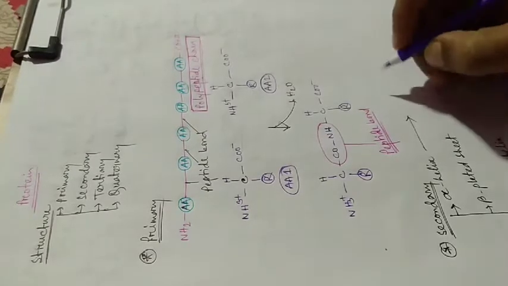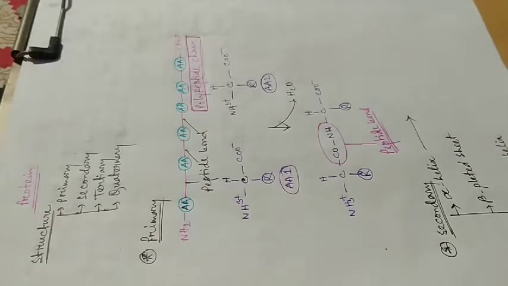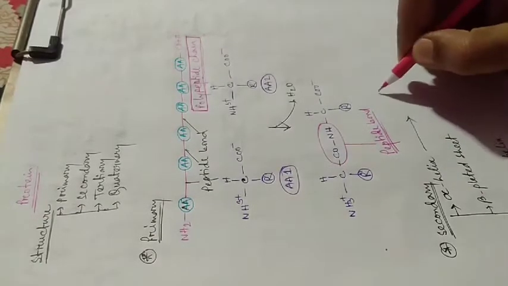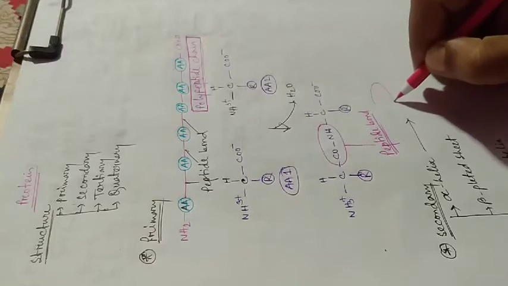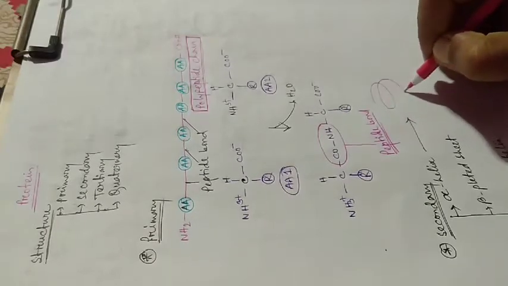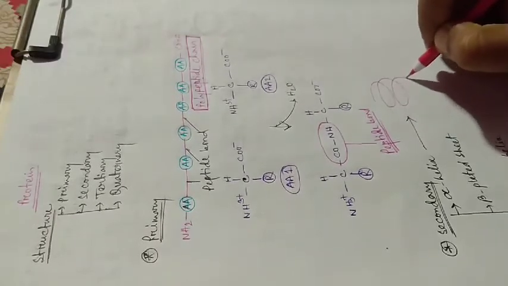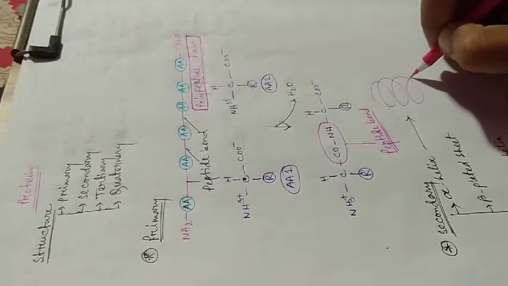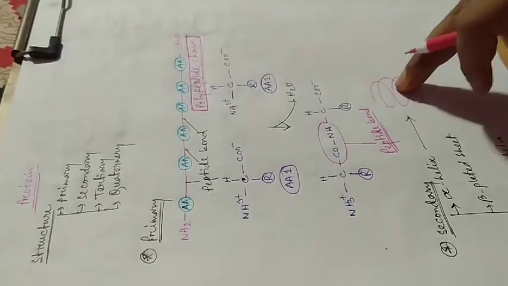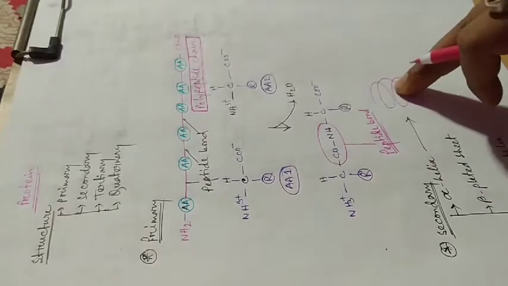So this structure looks like this. The peptide chain is coiled spirally. That is the secondary structure, meaning alpha helix.